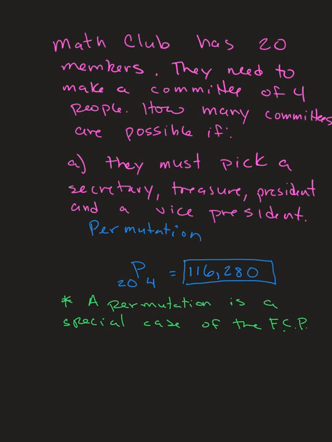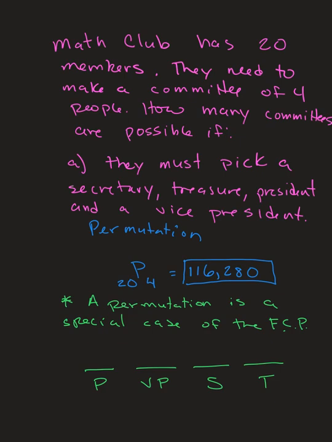So I could have used the fundamental counting principle, and I'm going to just show you real quick how. Remember, it's kind of like filling in slots. So we have 4 slots to fill. We got to pick a president, a vice president, a secretary, and a treasurer. And when I pick the president, how many people do I have to pick from?